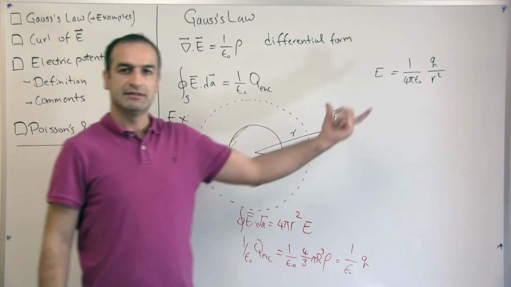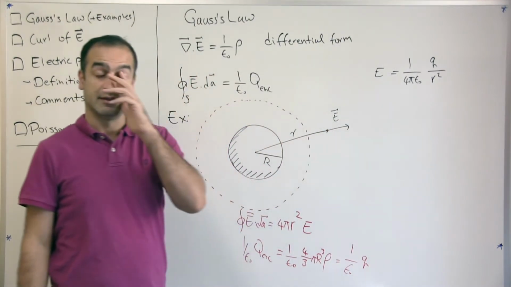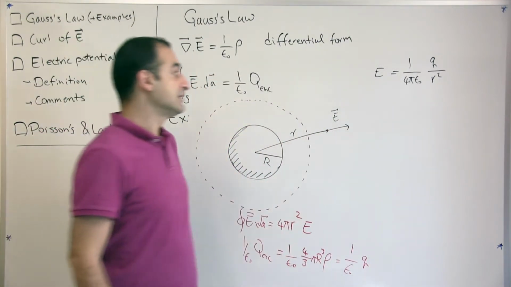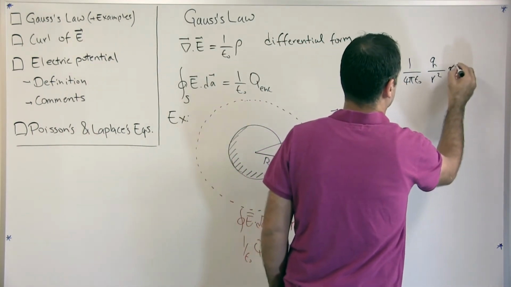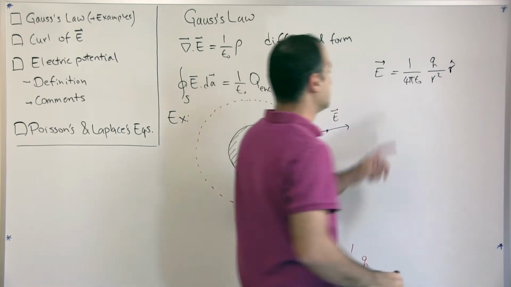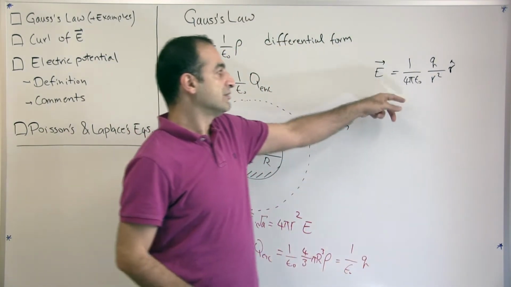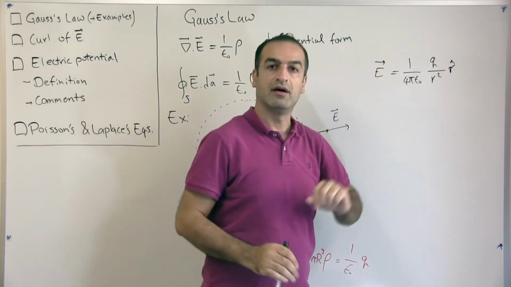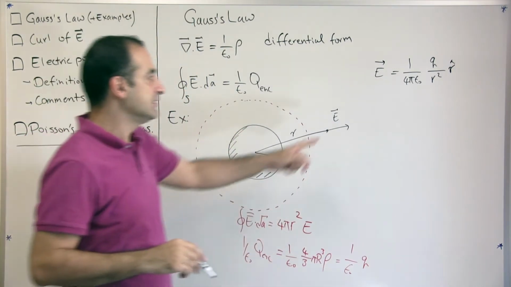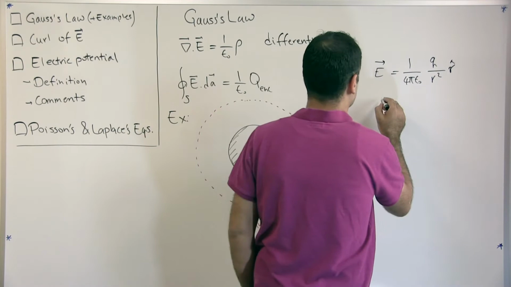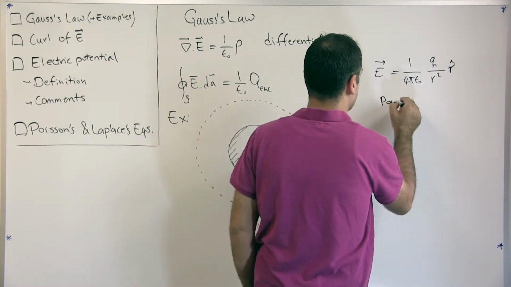That is the magnitude of the electric field. Because we know it is always in the radial direction, in vector notation the vector E should be equal to this times r hat. Now, this is very similar to the electric field of a point charge.